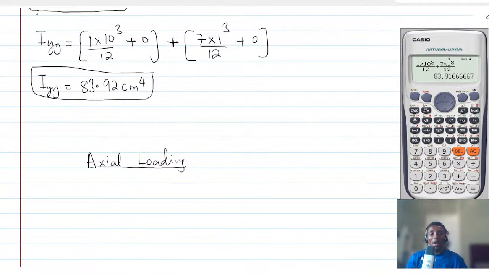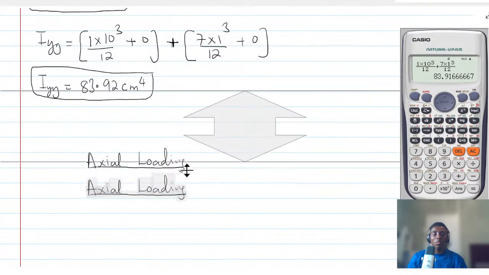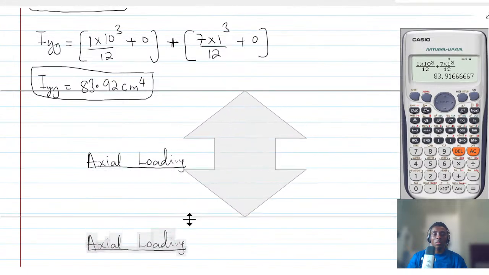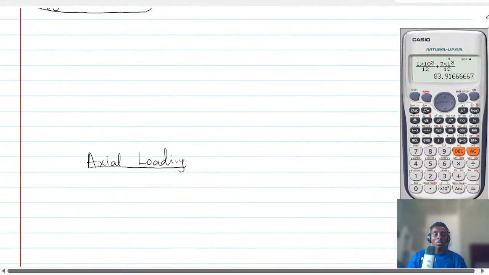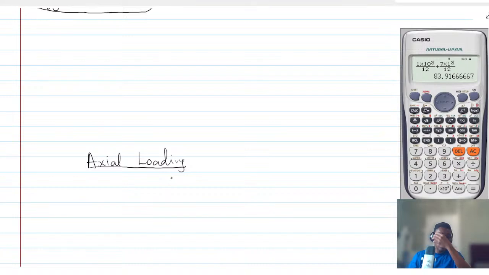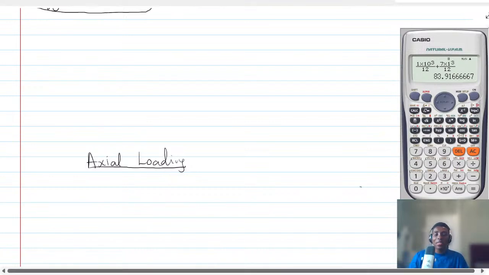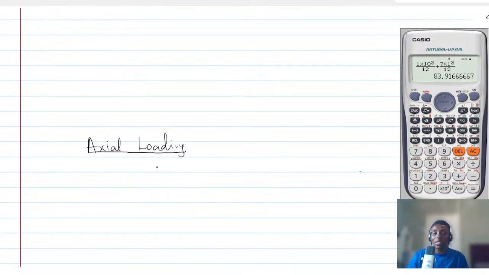All right. Please, I'm doing axial loading for you. When we say axial loading, there are some important formulas which you have to look at.